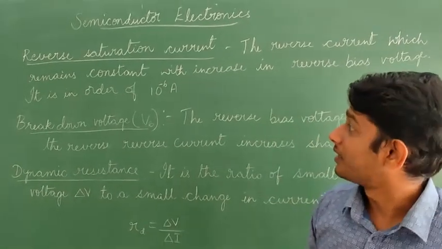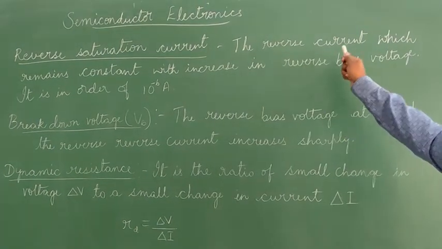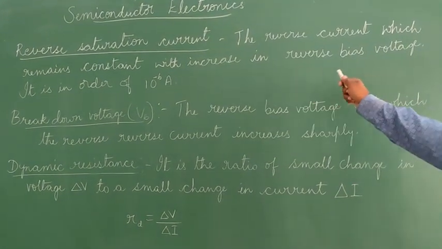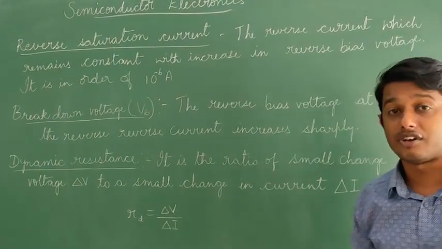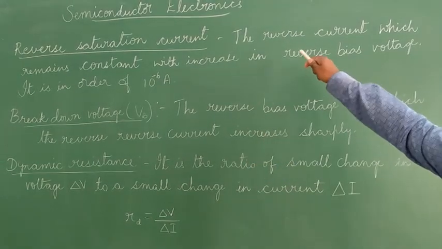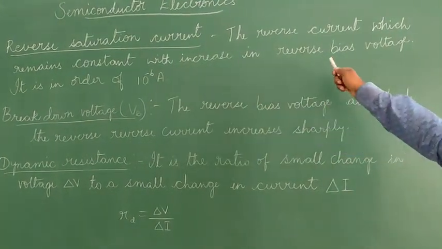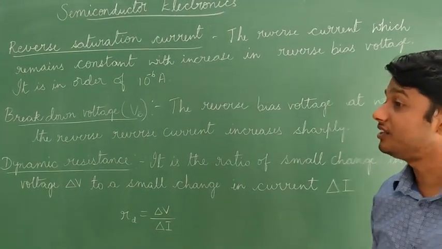The next topic is reverse saturation current. The reverse current which remains constant with increase in reverse bias voltage is called reverse saturation current.